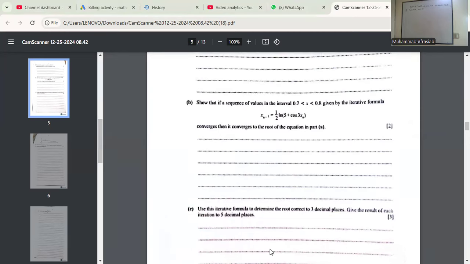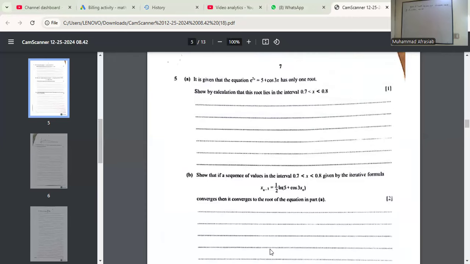So these are the 3 questions regarding the iteration method. We are going to use them one by one. Part 1.